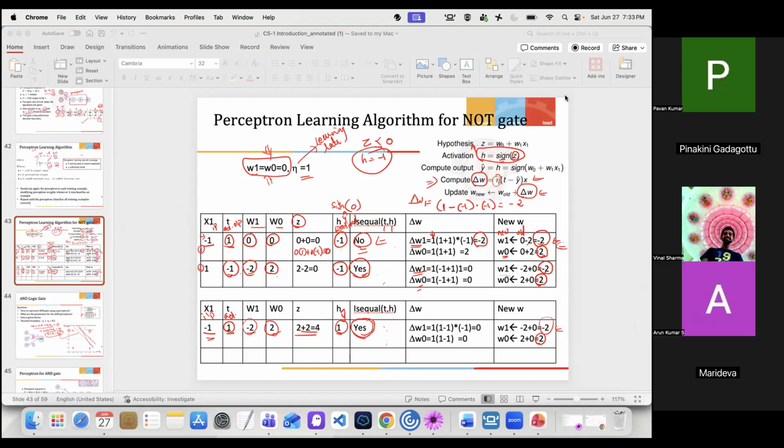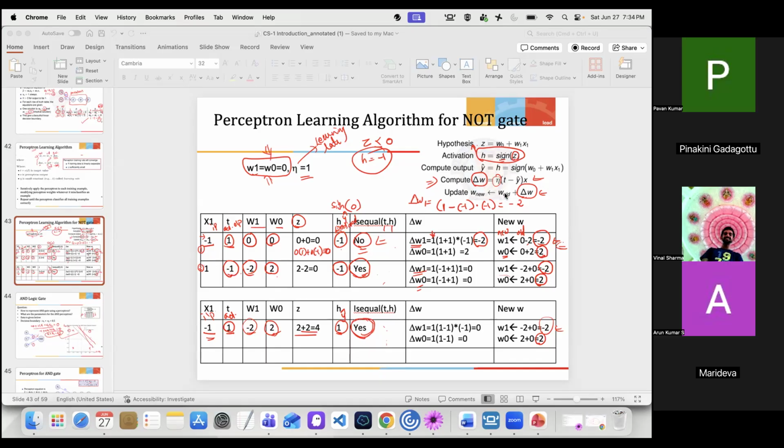Okay, so now we got the delta. Now we add that delta to the existing weight to update it.